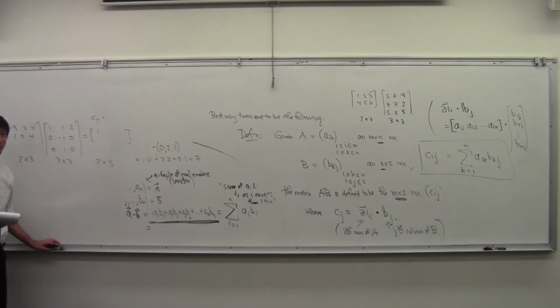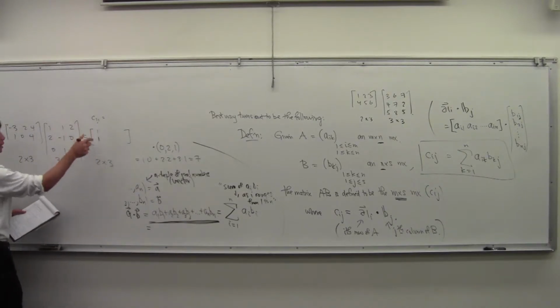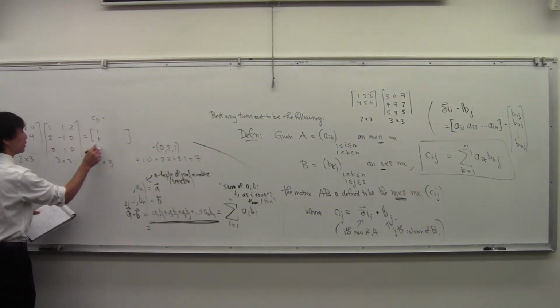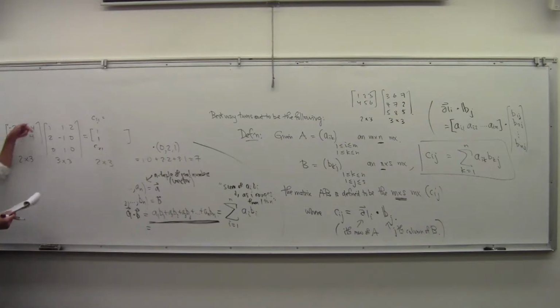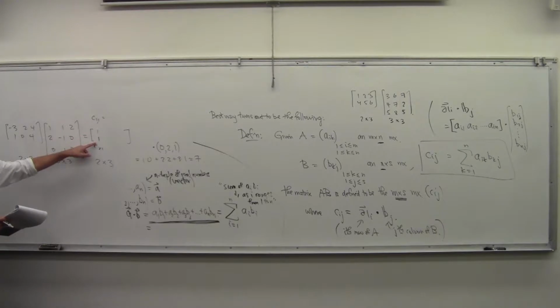Second row, first column. Yes, so second row dotted against the first column, and what do you get? 1, exactly. So this is C2,1. You take the dot product of the second row against the first column, so you get 1 plus 0 plus 0. In other words, 1.